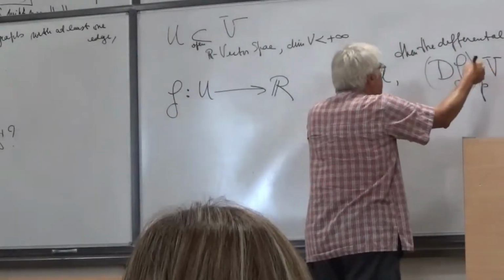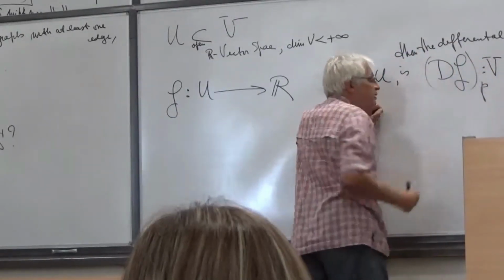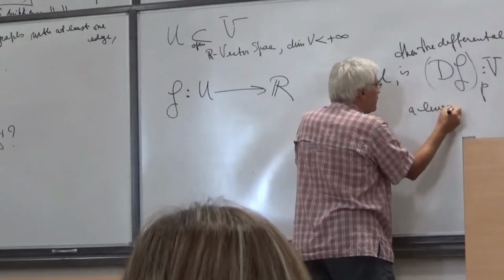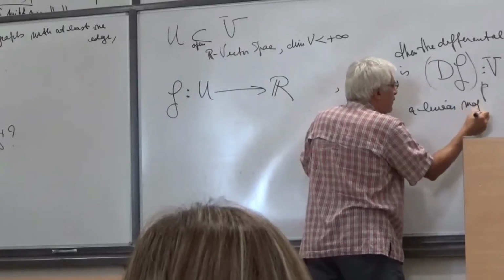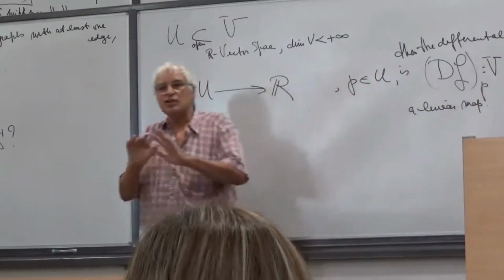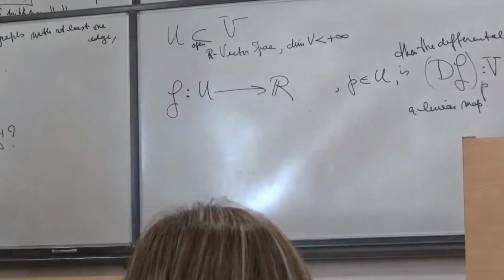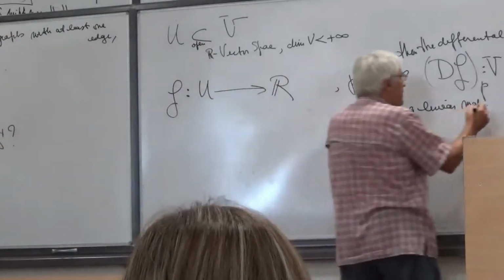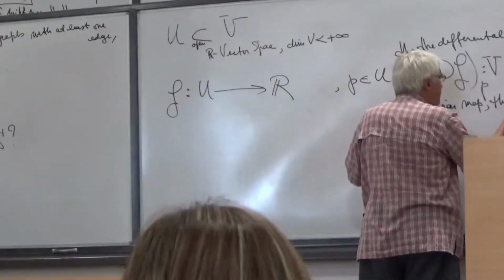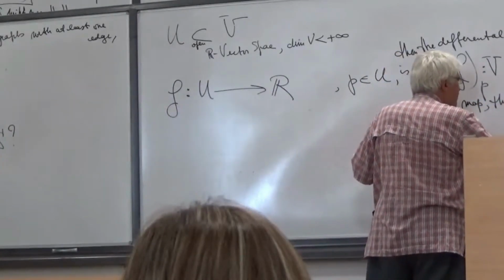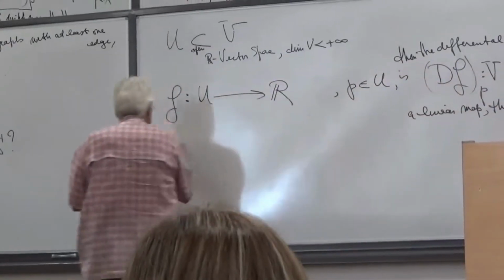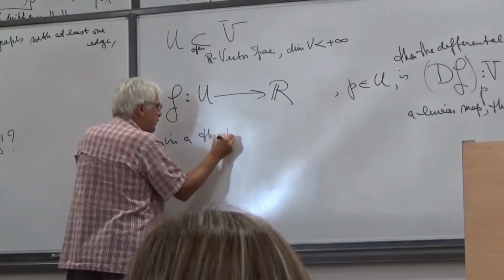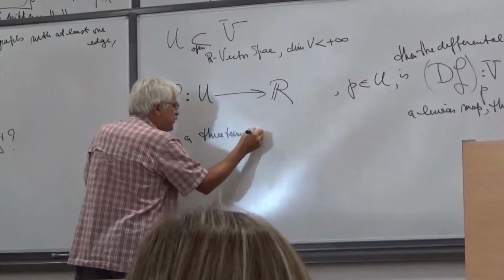Then this at P is a linear map. So the differential is a linear map. I did not tell which one. It's a linear map that fits in a three-term expansion.